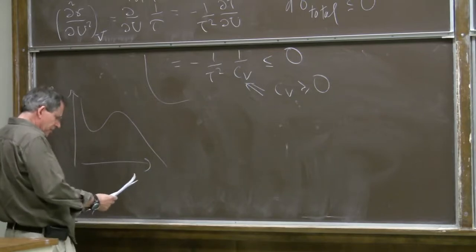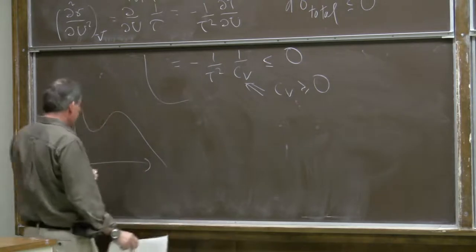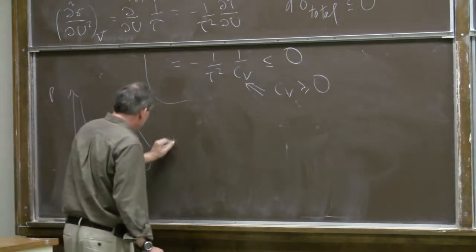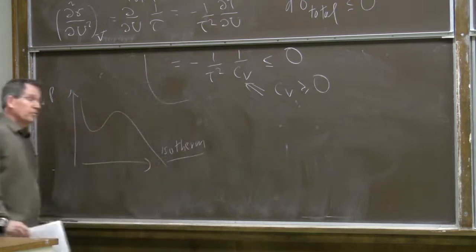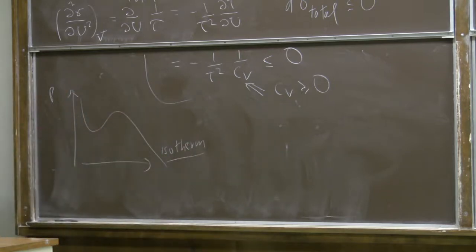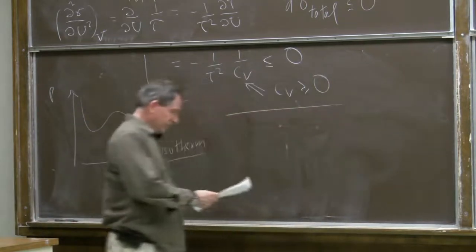And let's consider the free energy as a function of the volume with the temperature fixed, which means we can integrate along the isotherm to see how the free energy behaves when we change the volume.